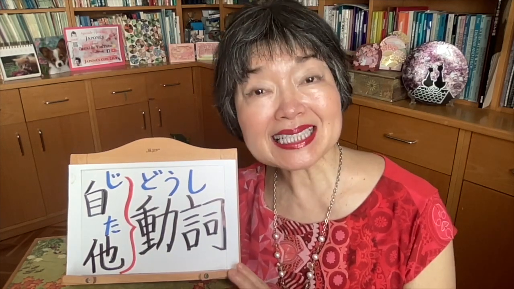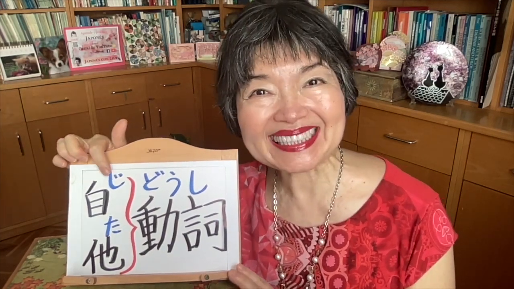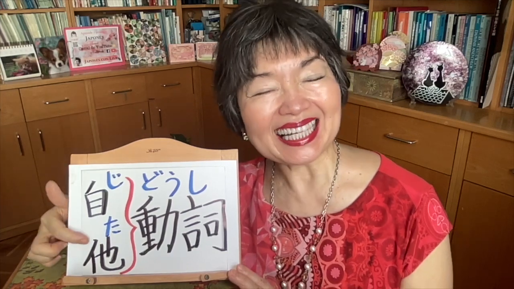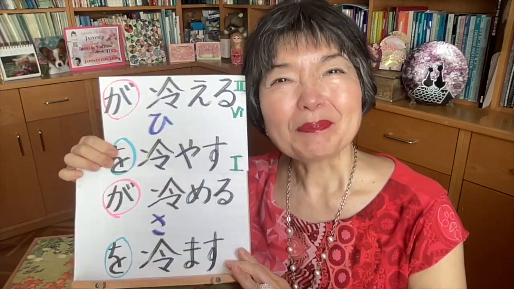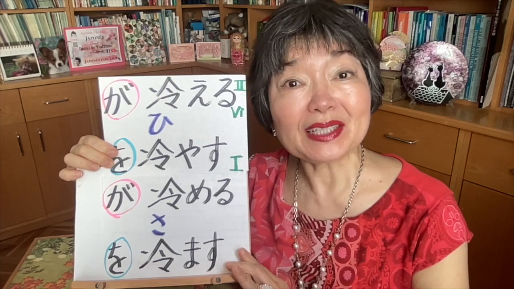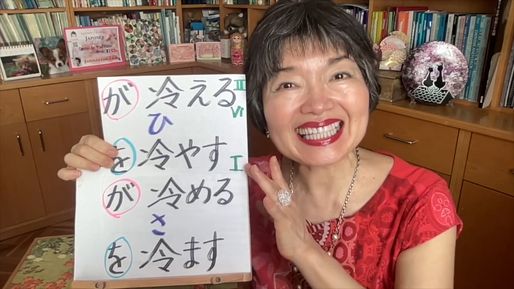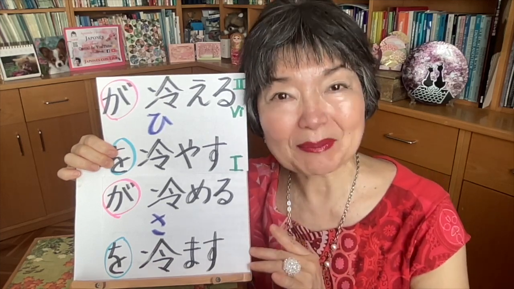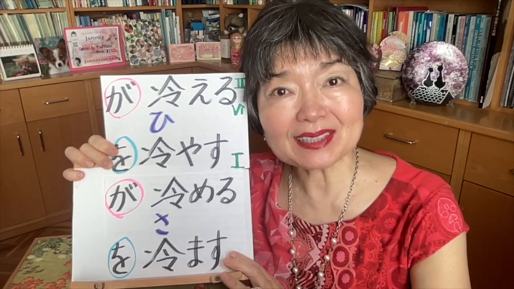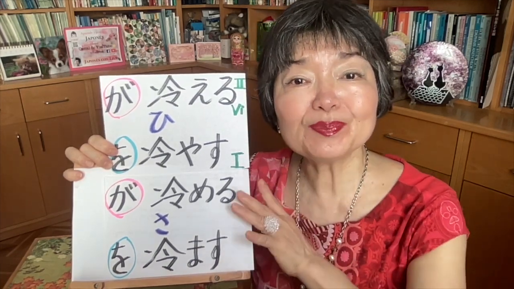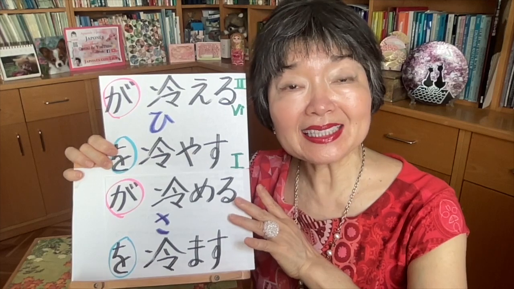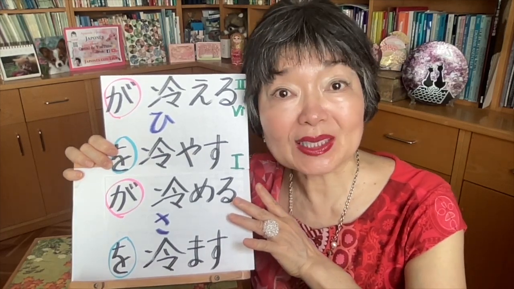And this is part 6 of 自動詞 intransitive verbs and 他動詞 transitive verbs. Particularly, we're going to see the differences between hieru, hiyasu, sameru, samasu. In both intransitive verbs, が hieru, が sameru, in English you translate like to get cold.